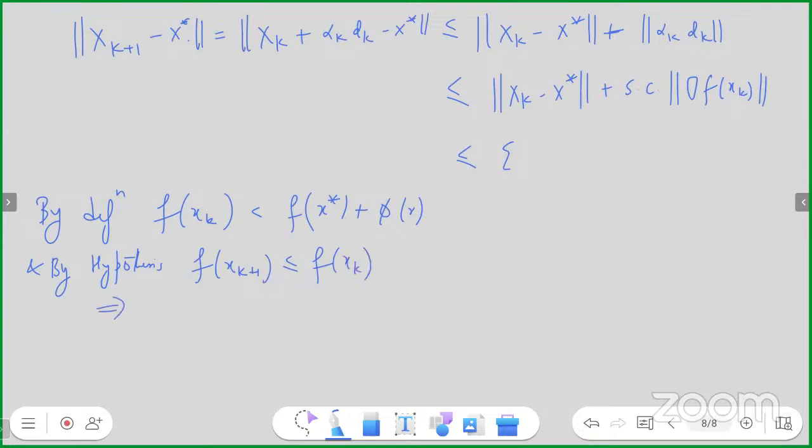Therefore, A and B together imply that xk plus 1 also belongs to S.